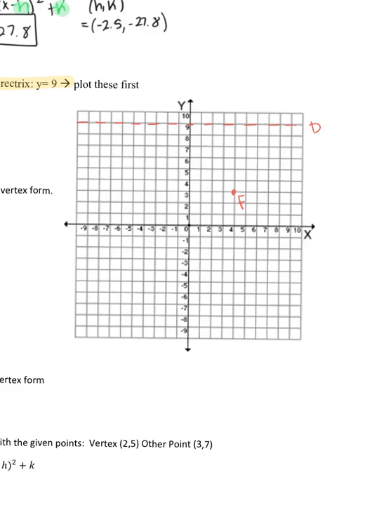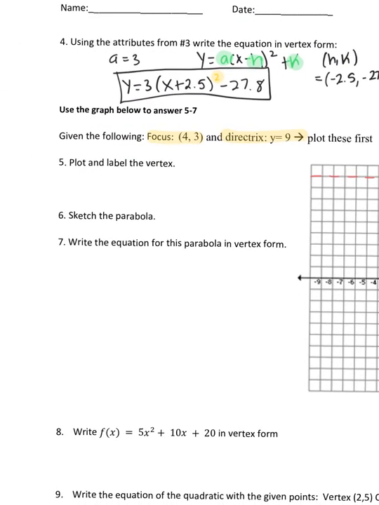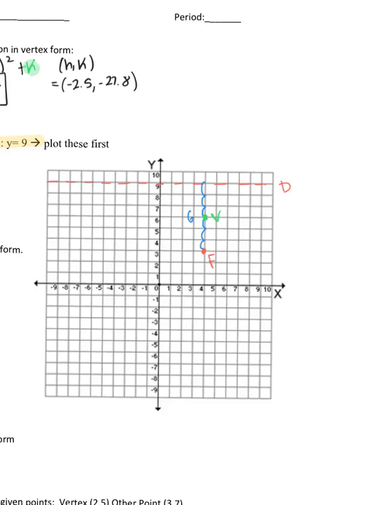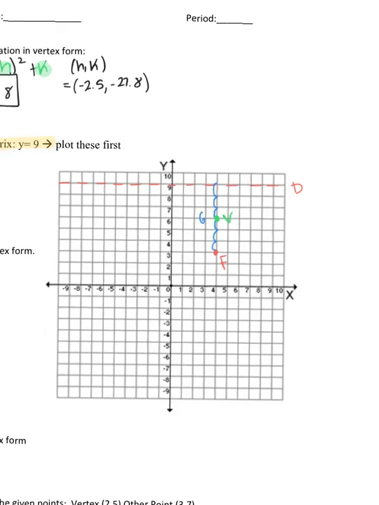I'm looking for the missing key feature, which is the vertex. Your vertex is always in the middle of the focus and the directrix. So the focus and the directrix are 1, 2, 3, 4, 5, 6 units away. So in the middle of 6 is 3. So I'm going to go 3, and that is going to be my vertex. So when it says plot and label the vertex, this point is at 4, 6.